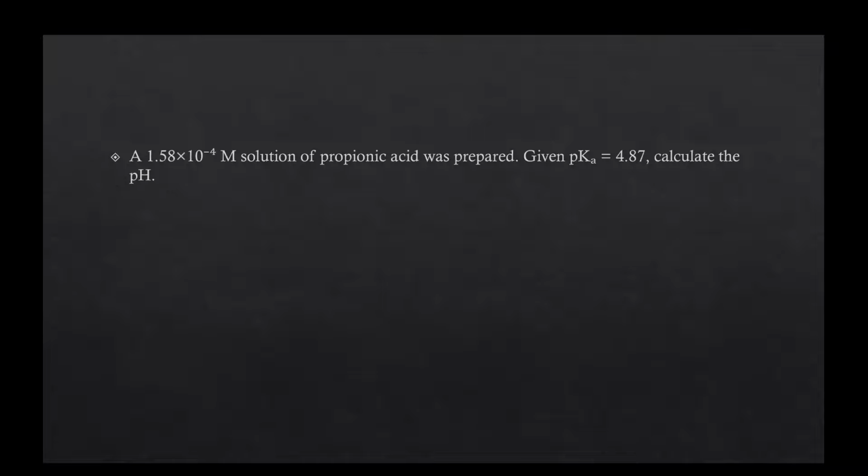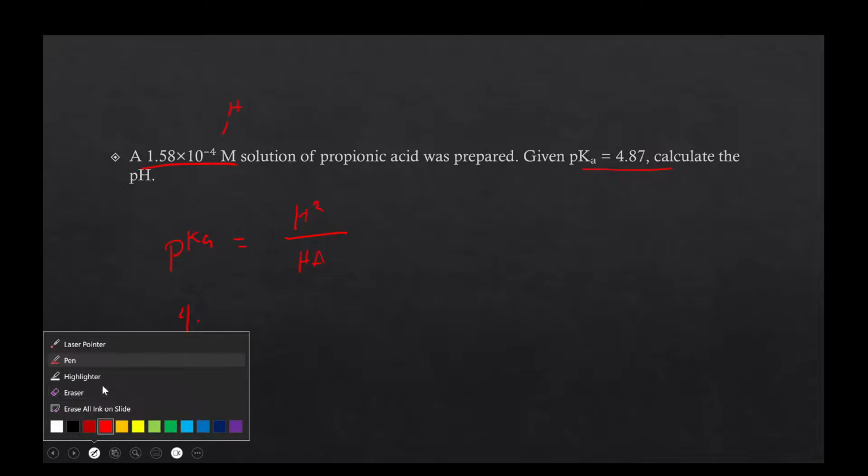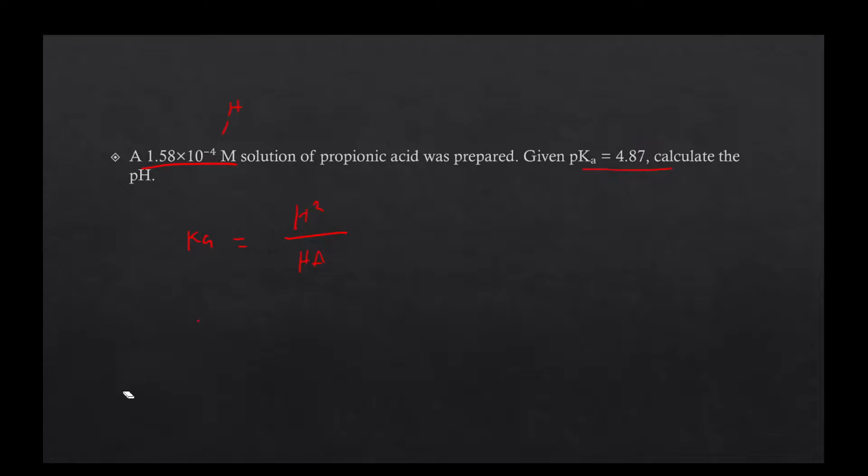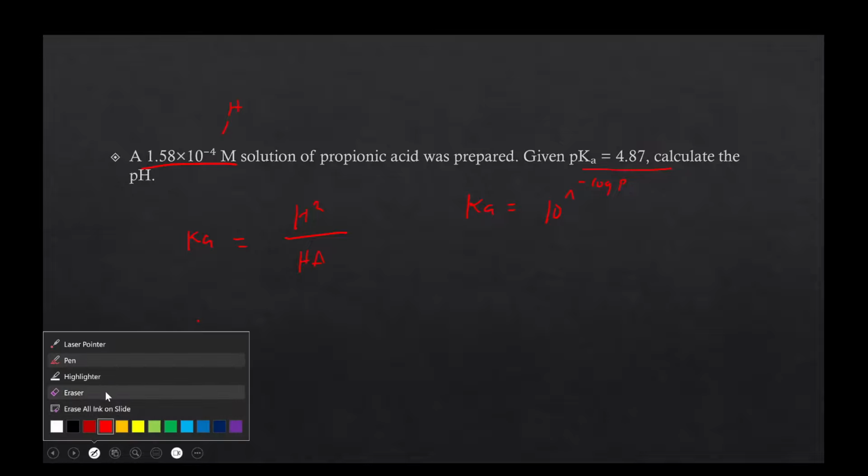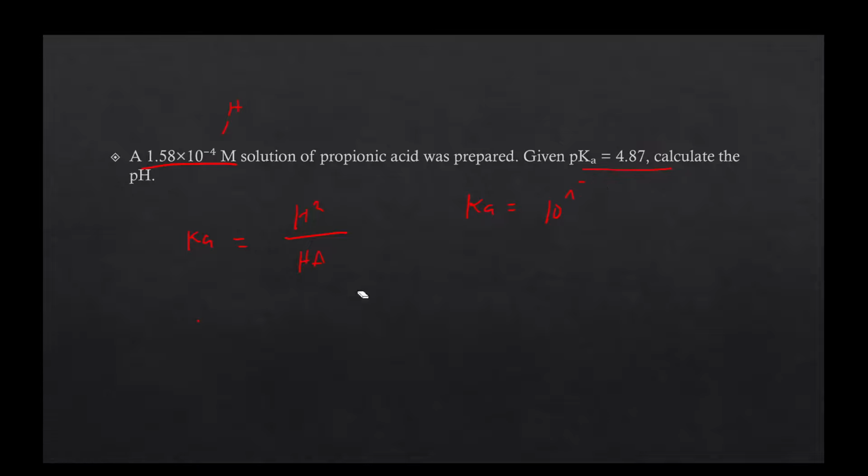Next, a 1.5, so this is HA, given the pKa, calculate the pH. Okay, Ka equals H squared over HA. pKa is 4.87, no, it's only pKa, so we have to find Ka first. So Ka equals 10 raised to negative pKa.